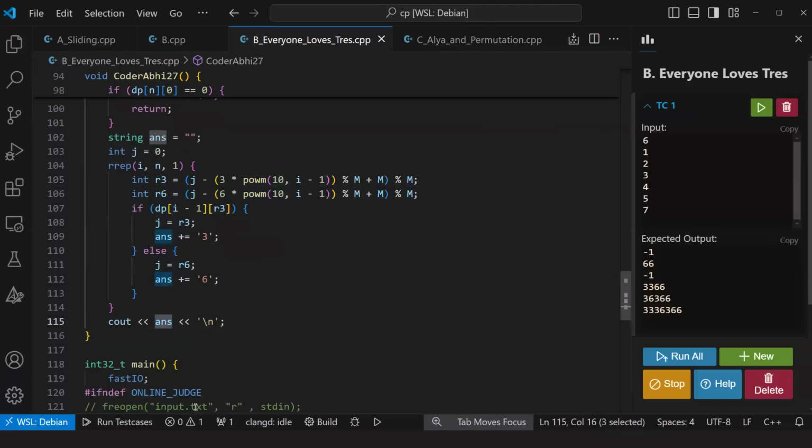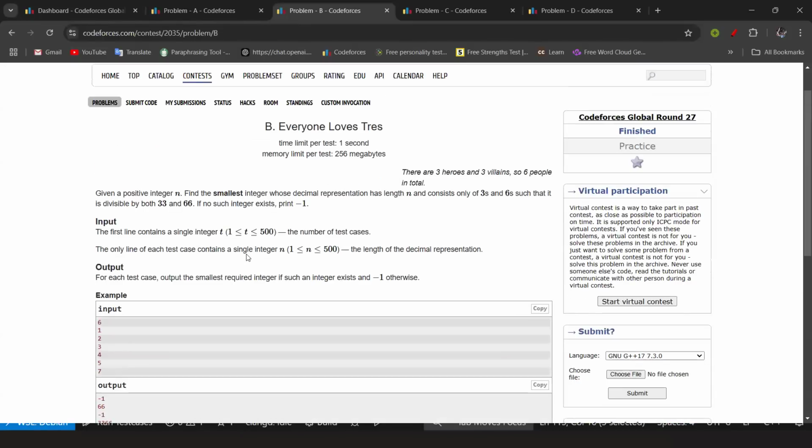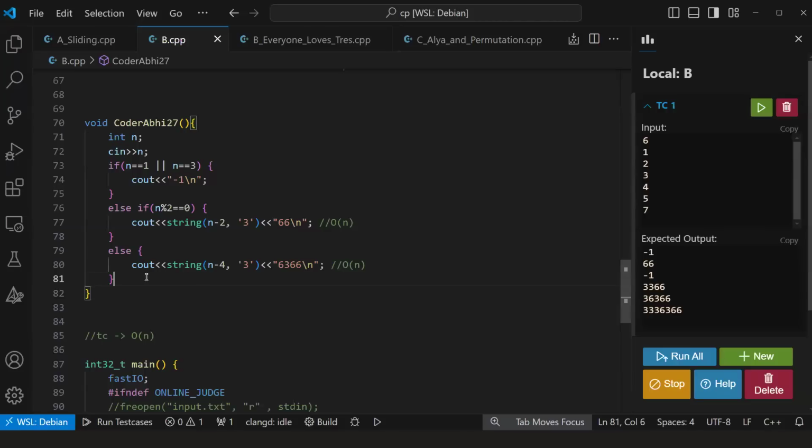Okay, so I just explained this to you. If you were able to get it, it's okay, no problem, because I did not find the pattern initially. I felt this more intuitive to solve. I hope this problem is clear to everyone. If you didn't understand the DP solution, no problem. I hope you understood this basic solution, which I explained using the pattern.